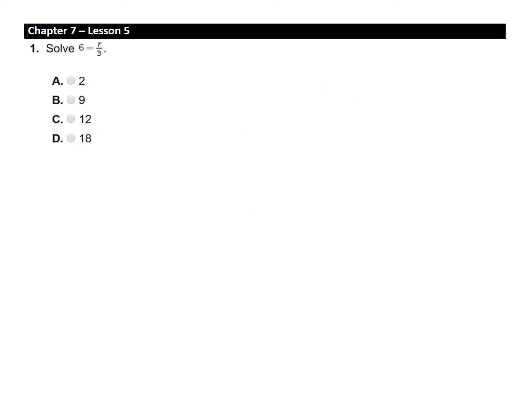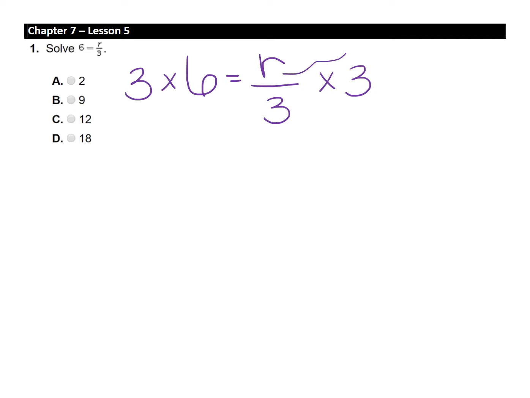Chapter 7, Lesson 5. 6 equals r divided by 3. The inverse operation for division is multiplication, so I'm going to multiply by 3 on both sides. Divide by 3 and multiply by 3 cancel each other out. So I have r on the right and 18 on the left.